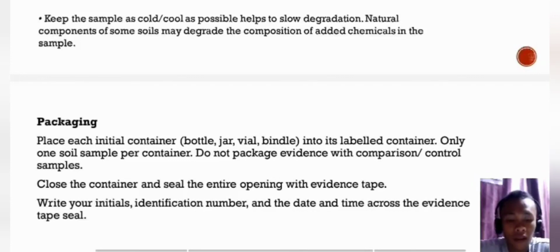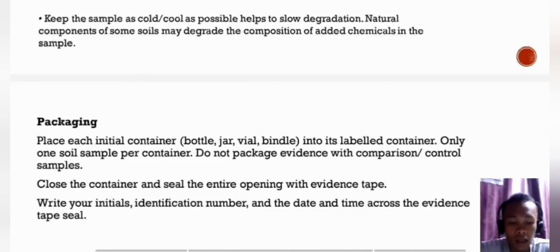Packaging. Place each initial container, bottle, jar, vial, or bundle into its labeled container. Only one soil sample per container. Do not package evidence with comparison or control samples.